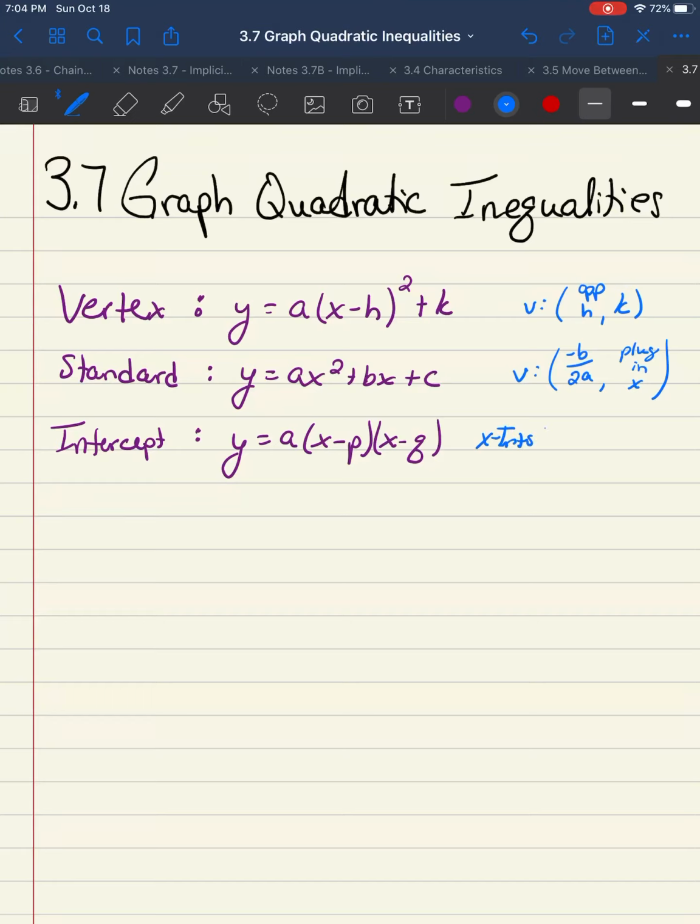And then finally, we will learn intercept form. We called it intercept form because it tells us the two x-intercepts.